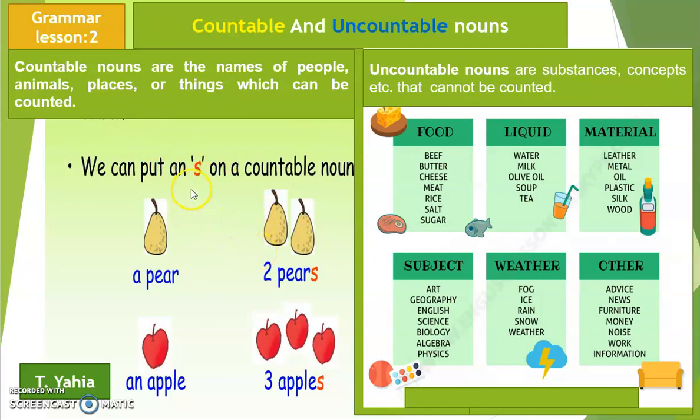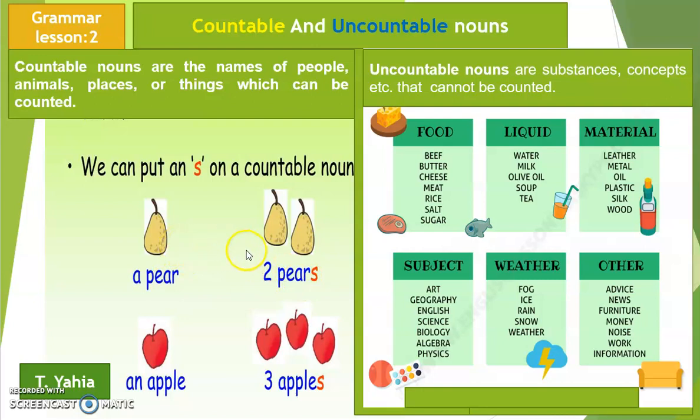But the more common way to change countable nouns from their singular is simply by adding s. So as you see here, this we can count. We can count as numbers. So for example, we have here beer, and then we have here two beers.